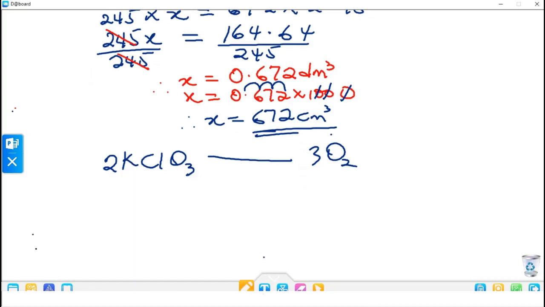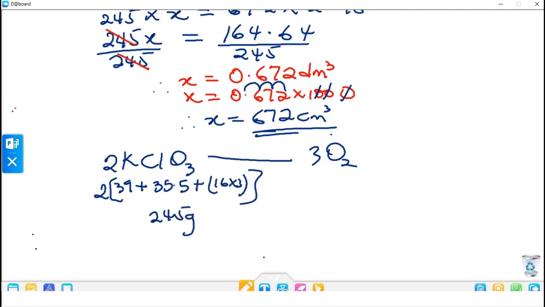By the time we sum it up, 2 into 39 plus 35.5 plus 16 times 3, we're going to have 245 grams of potassium chlorate.